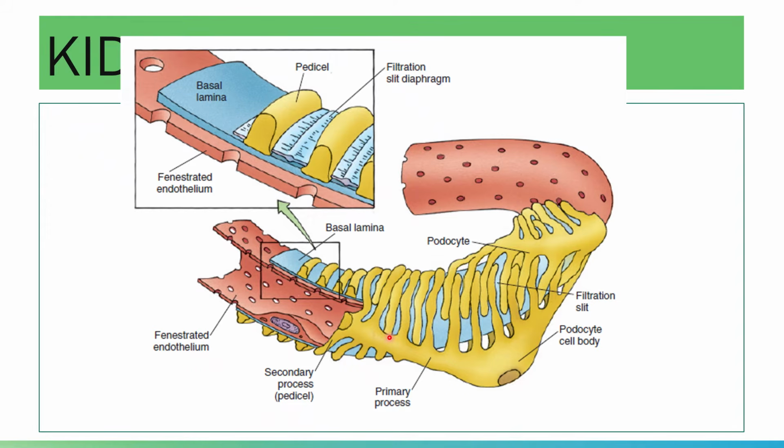Okay, what do they do? They envelop, or encircle, the whole glomerular capillary. Again, please take a look. You have here your podocyte, and it will give rise to processes. They follow the longitudinal axis of your glomerular capillary.